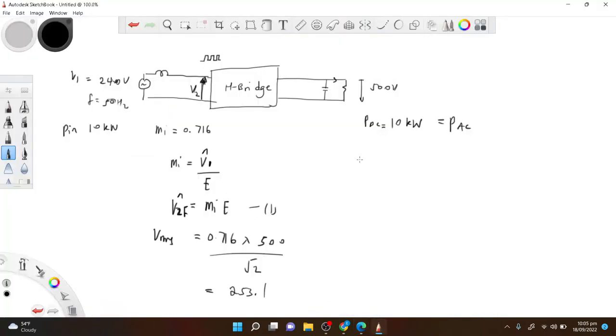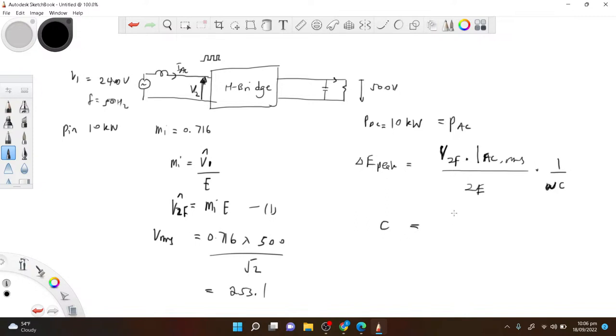So they said find the capacitance. We say that delta E peak is given by V2 fundamental times I fundamental, let me call it IAC, the current flowing through here, the current from this side, RMS over 2E multiplying 1 over omega C. Now the question says find the capacitance.